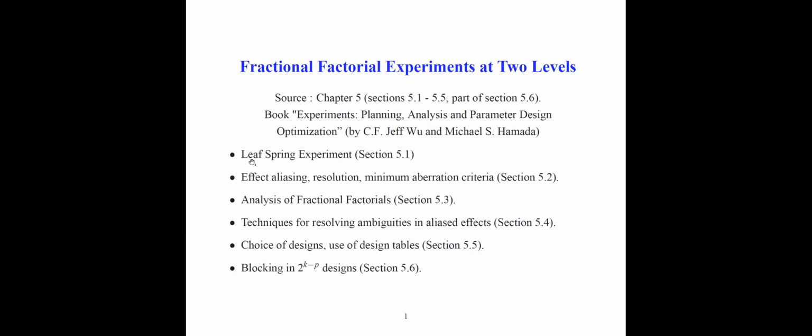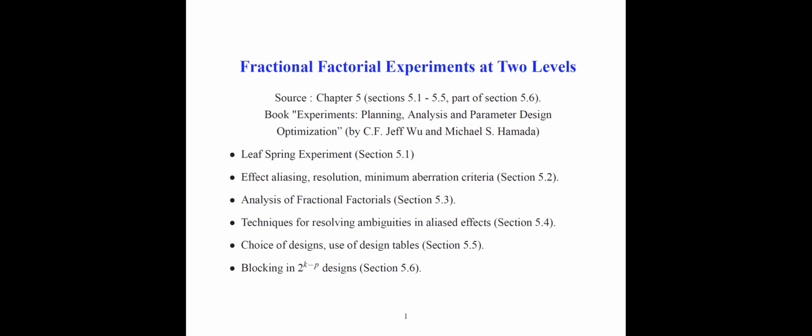Okay, let's look at the outline. First, we're going to have a look at the case study, the leaf spring experiment, which is section 5.1 in this book. Then we're going to talk about effect aliasing, resolution, and minimum aberration criteria.